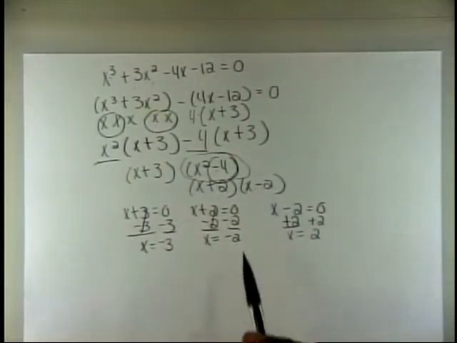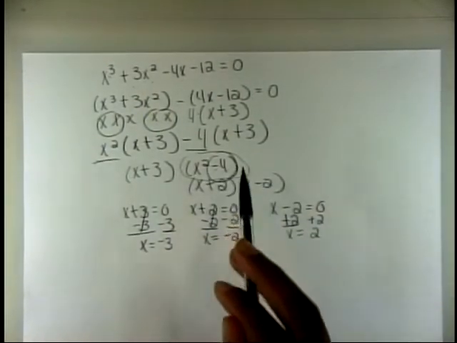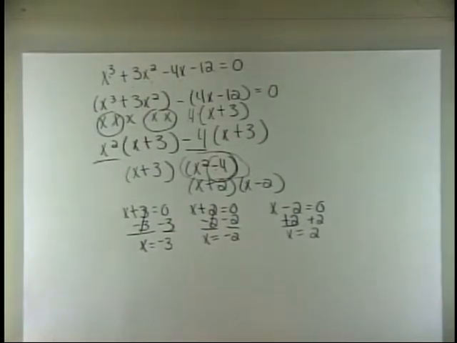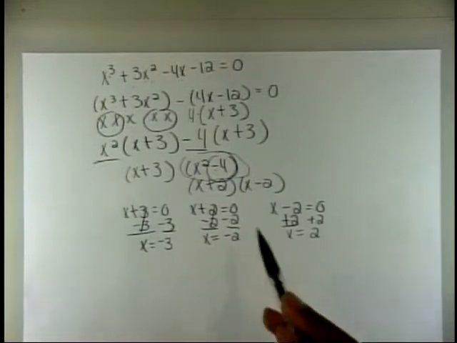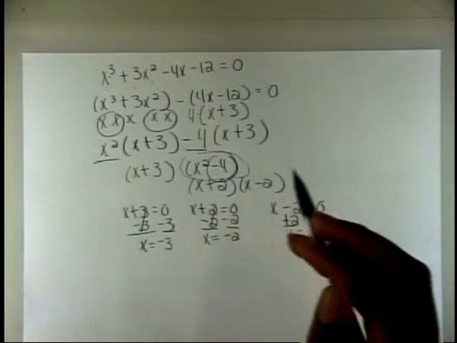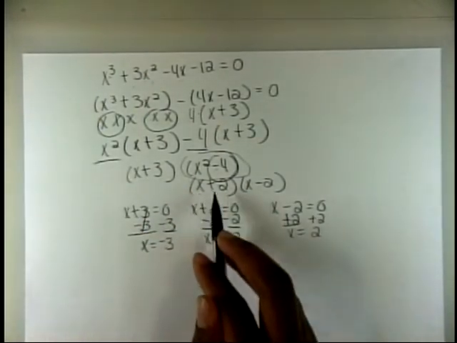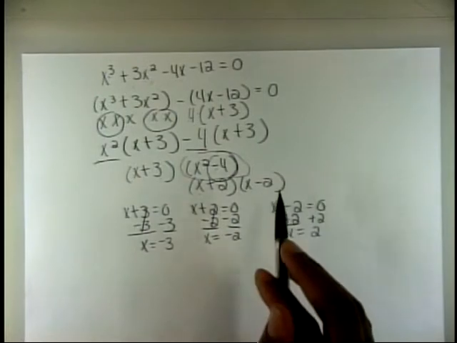And the reason why we have a positive 2 and a negative 2 is because of this negative 4. In order to get a negative number when you multiply, it has to be a positive times a negative. Positive 2 times negative 2 gives us negative 4. So therefore, we should have x plus 3, x plus 2, x minus 2.